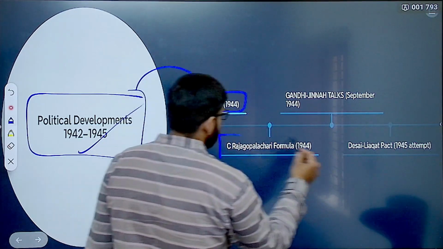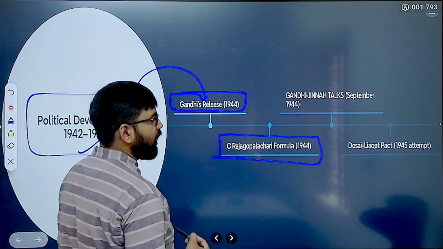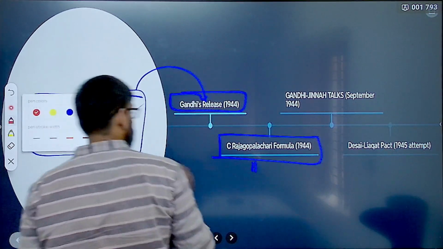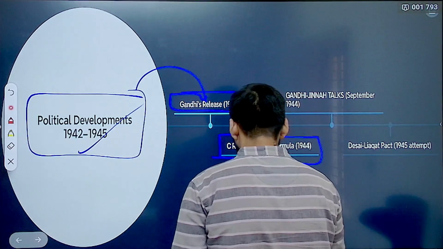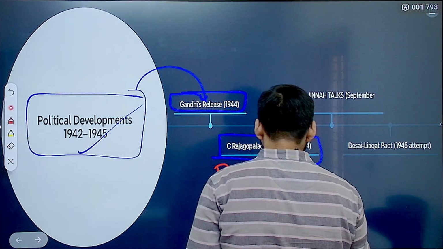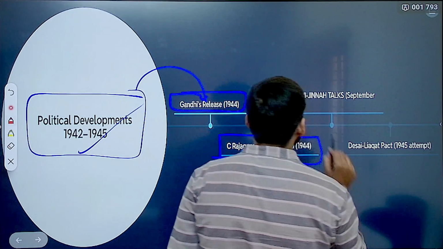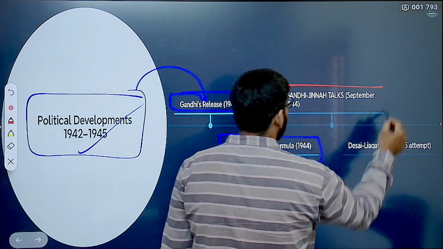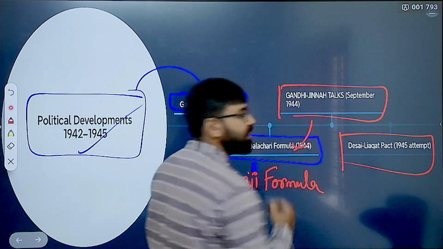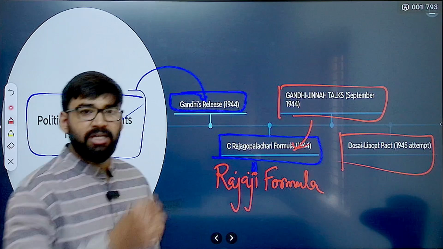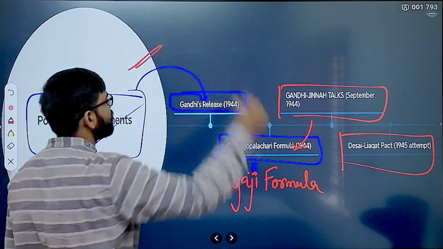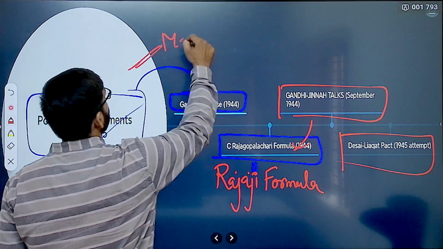Then the C. Rajagopalachari formula after that, which is also called the Rajaji formula. Then Gandhi-Jinnah talks based on this formula only. And then the 1945 Desai-Liaquat Pact. These are some important events, which are important for your mains examination also.